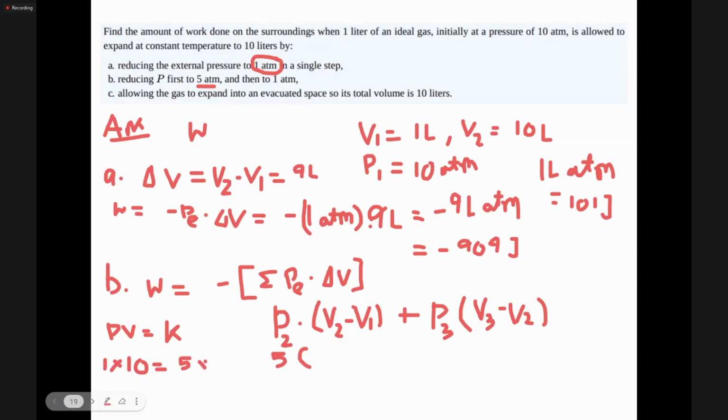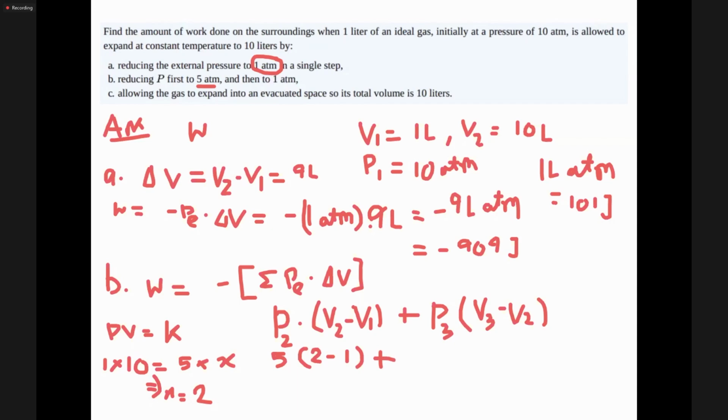So then what will be the gas volume, which is X? By solving this equation, we will see X is equal to 2. So we will put 2 over here in case of V2, which is V2 minus V1. V1 was this one, 1.